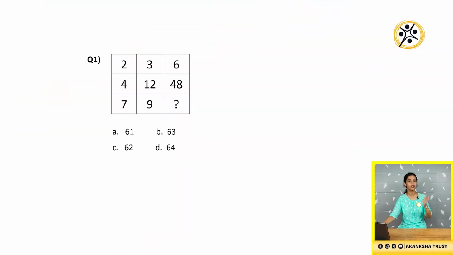Today's topic is matrices. So the first question that we have is, we have a simple matrix with these following entries. So let us see what relationship we can deduce from this. When we look over at this, we can find that we have the numbers 2 and 3. When you multiply 2 with the number 3, you get the product as 6.